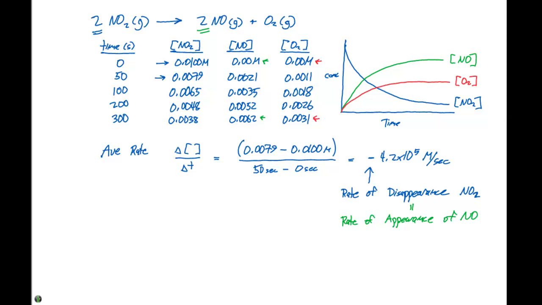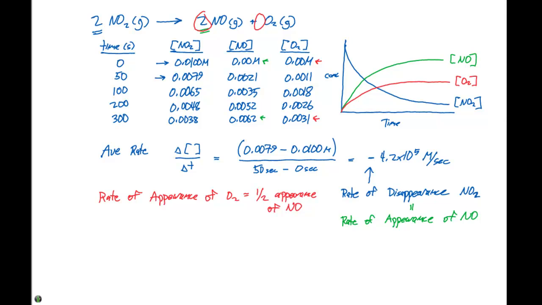And the rate of appearance of O2 should equal 1/2 the rate of appearance of NO, because we have a 2-to-1 mole ratio here. If there is no coefficient, it's the same as a 1.